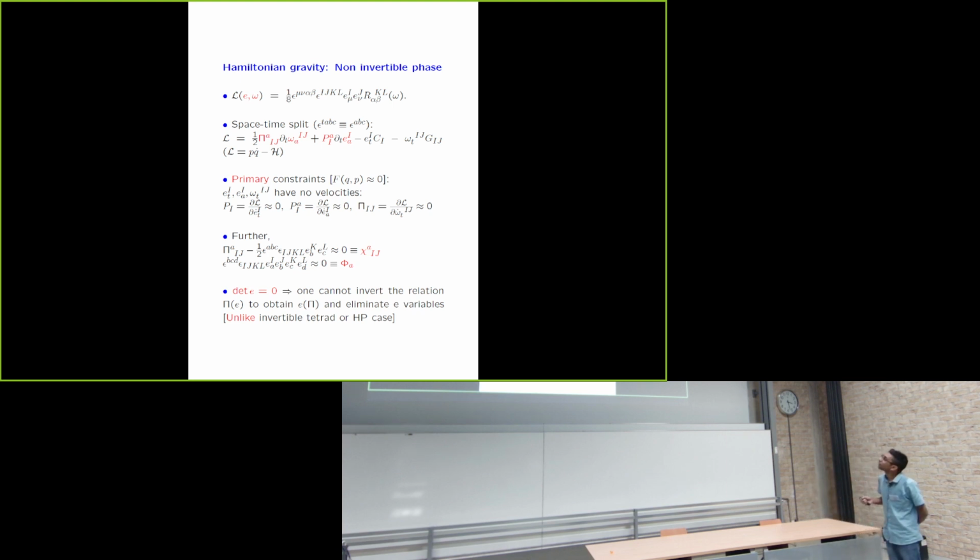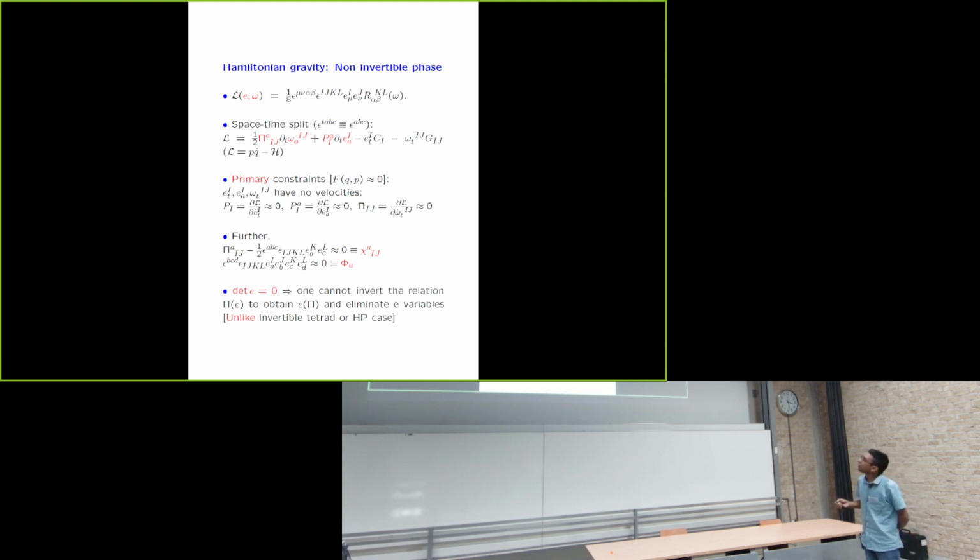Okay. So now, in order to go to the Hamiltonian theory, one does the standard space-time split, and the variables marked in red in this line are the canonical variables. So you have the tetrad and their momenta, and connection and their momenta, and then some constraints.